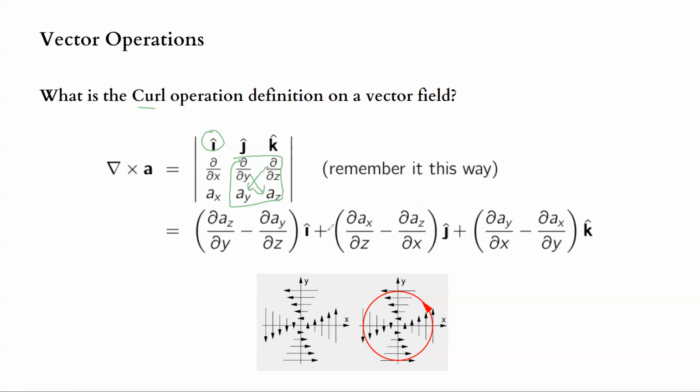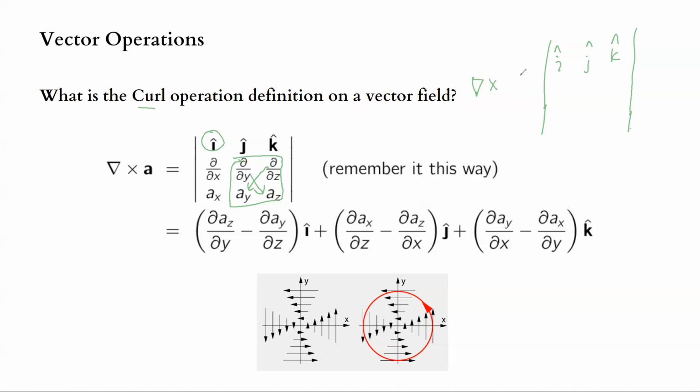So this pattern goes for j as well, right? However, the difference with j is that we do a difference in sign in order to get the correct answer that follows this determinant operation, right? So I can write it in here.